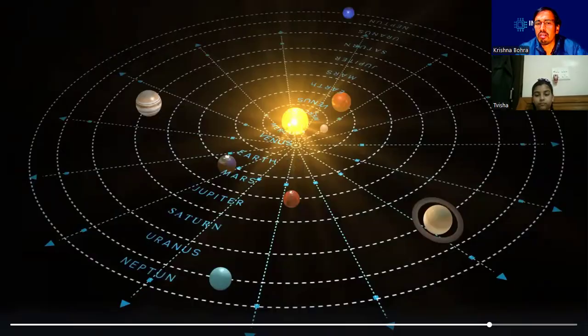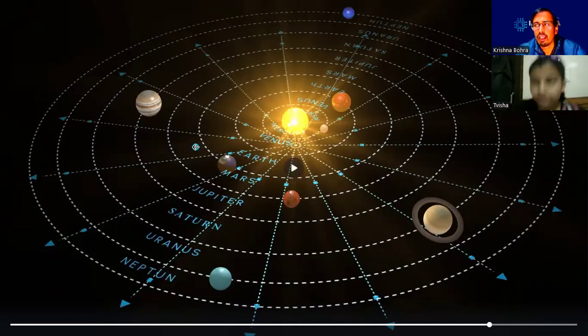They are in continuous rotation from the time they were formed. The law of inertia states that any object, whether in motion or at rest, doesn't want to change its state. If in motion, it will remain in motion, and if at rest, it will remain at rest.